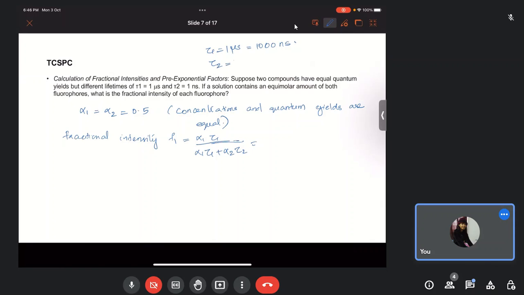Tau 2 is 1 nanosecond. So this is 0.5 into 1000 divided by 0.5 into 1000 plus 0.5 into 1. So 0.5 into 1000 is 500, divided by 500 plus 0.5. So this is almost 500 divided by 500.5. It's 0.99.